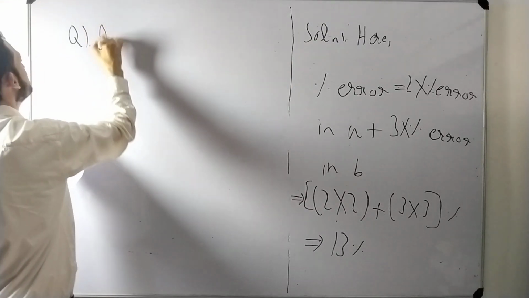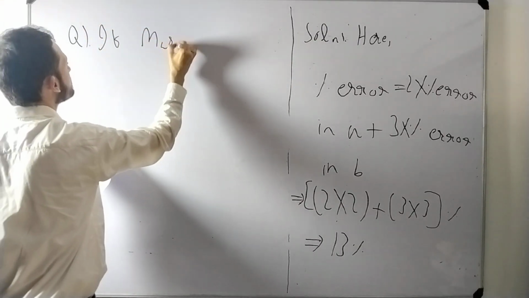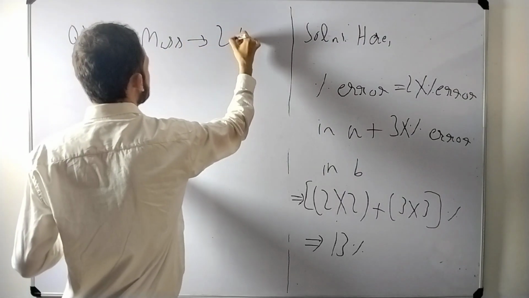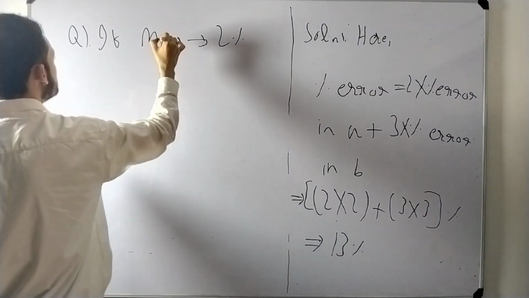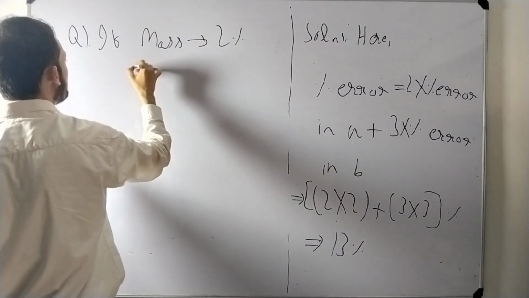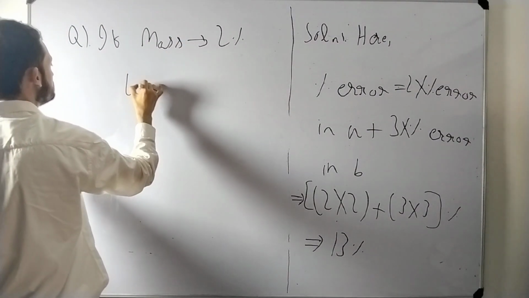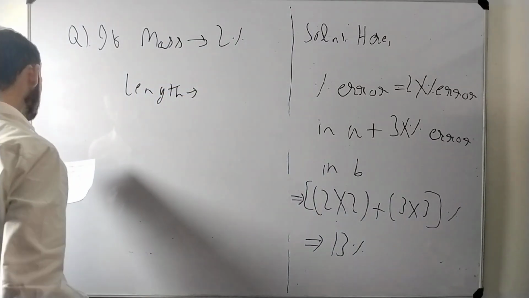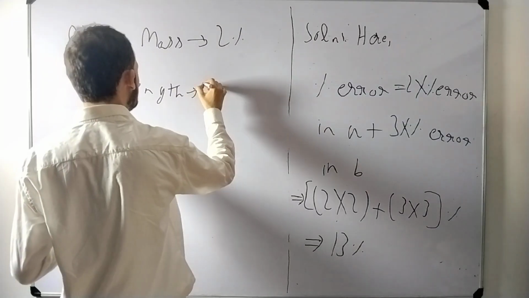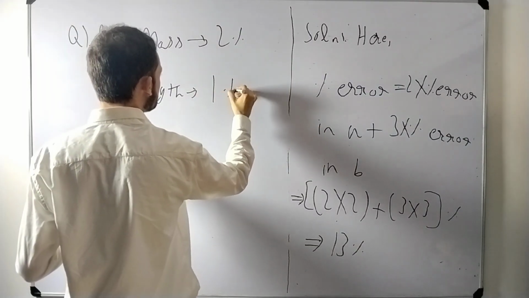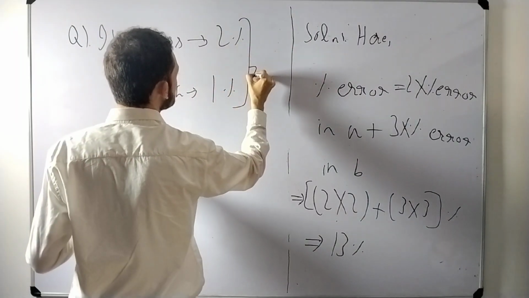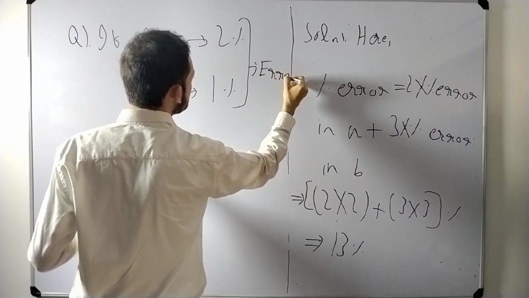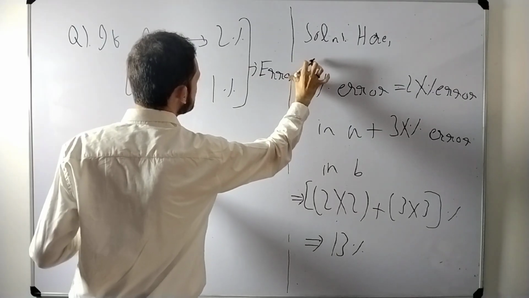If mass is what, students? 2% error, and this is length, and how much it is? 1%. This certainly should make your life easy.